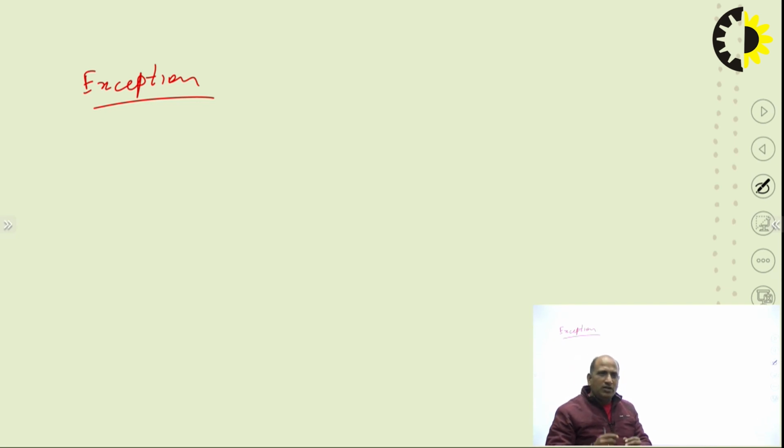Let's say we have 1000 lines of code. In that 1000 lines of code, only one line has some mistake. Let's say I have mistakenly forgotten to put a semicolon in that line. You have made just a single mistake, but due to that mistake in one line, the rest of the 999 lines of code will not execute.